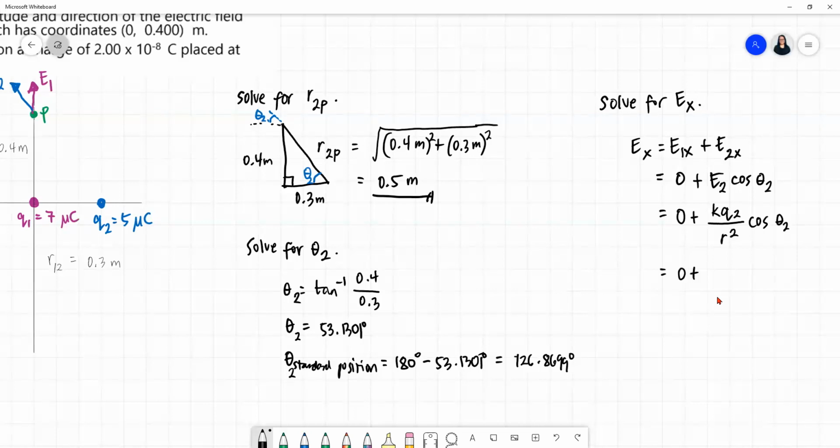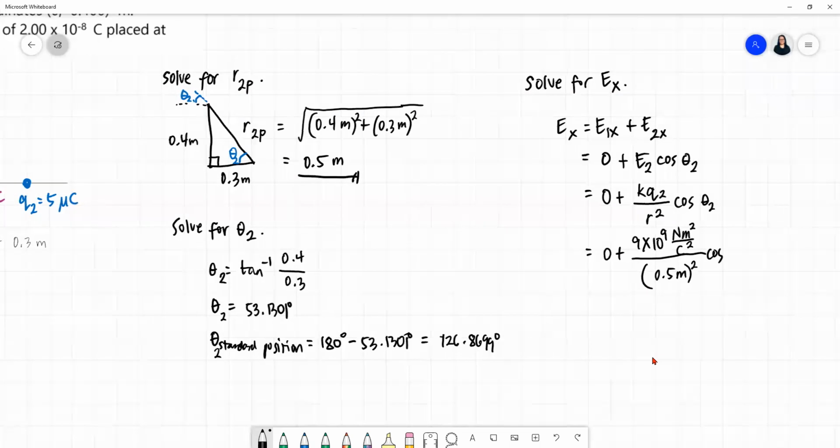So that's 0 plus, we have 9 times 10 raised to the power of 9 newton meter squared per coulomb squared over R, which is 0.5 meter squared times cosine of 126.8699 degrees. Or you can have 0 minus 9 times 9 divided by 0.5 squared cosine of 53.1301 degrees.